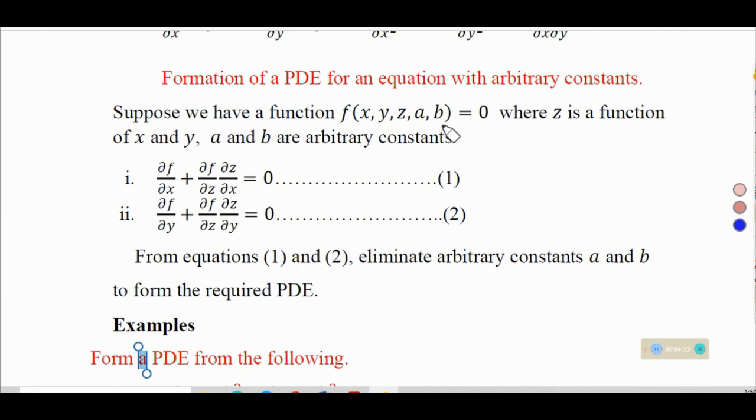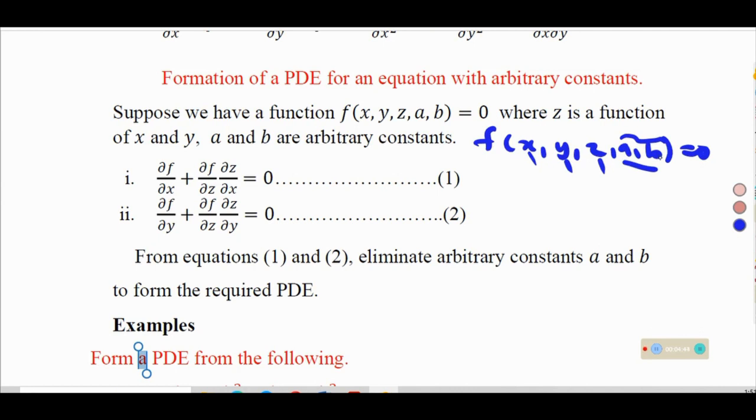So when you have such an equation, that is f of x, y, z, a, b equal to 0, our equation is containing x, y, and z, plus two arbitrary constants, a and b. Now, these two arbitrary constants, a and b, we need to eliminate them.